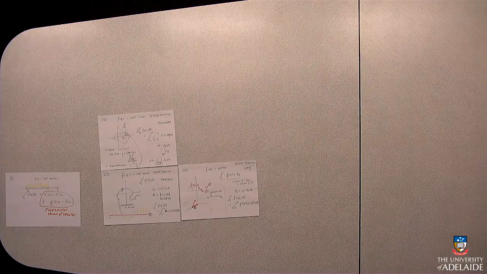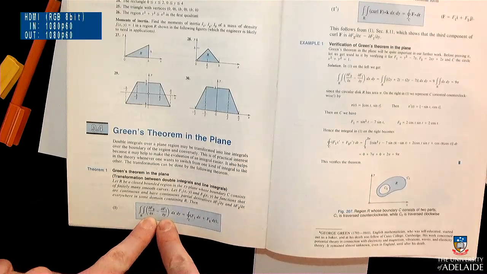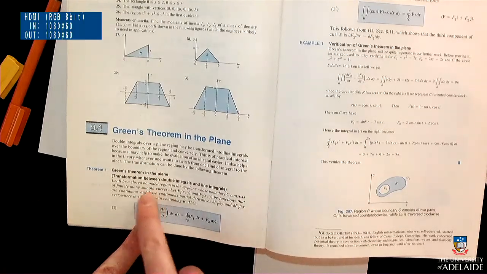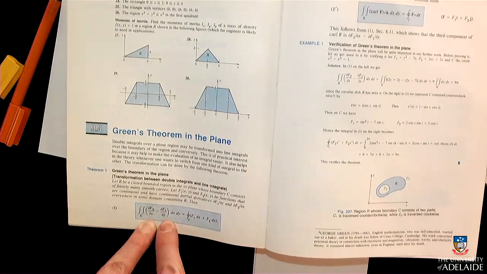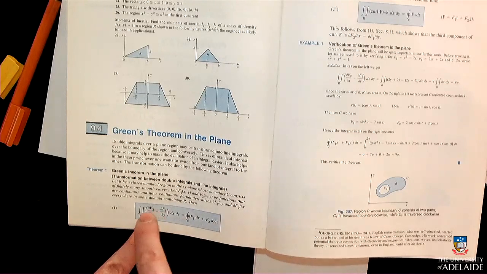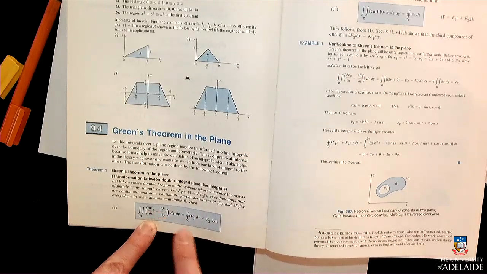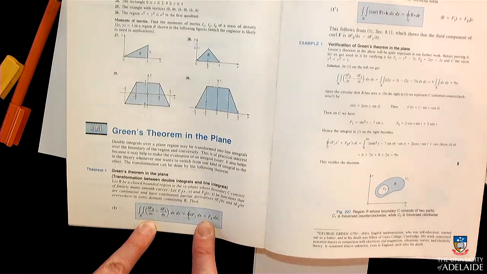Okay. So let me just see. What does my book say? My book says that the scalar function that I integrate has to be this. If the scalar function is this combination of derivatives of the two pieces of my vector function, then the integral of this thing across the region is the same as the integral of this thing around the curve.